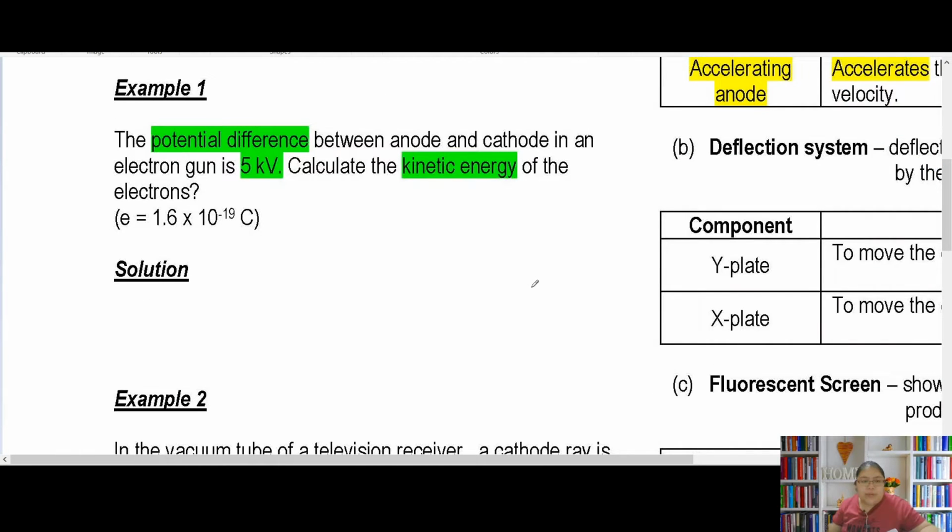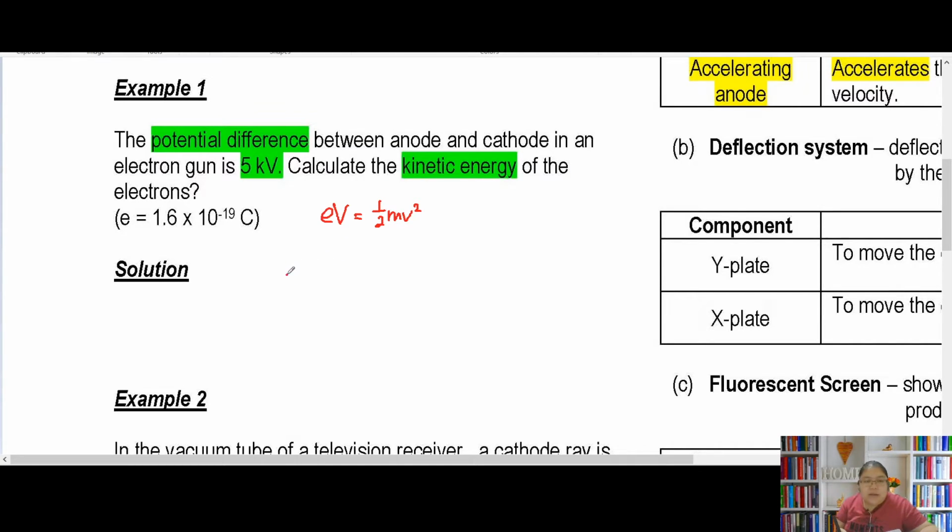Okay, the potential difference between the anode and cathode of the electron gun is 5 kilovolt. Calculate the kinetic energy of the electron. So from here we can write the equation: eV equals half mv squared. Now the question wants to find kinetic energy. To know kinetic energy, you must know the velocity, but we don't have it. So it's straightforward to find eV, that's all, because eV is the same as the kinetic energy.